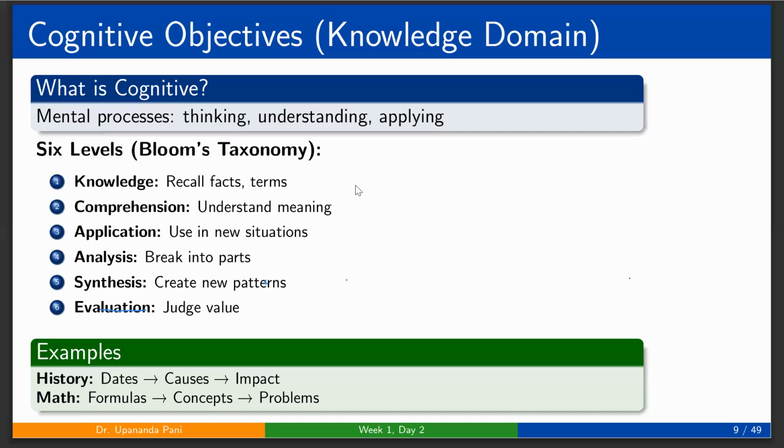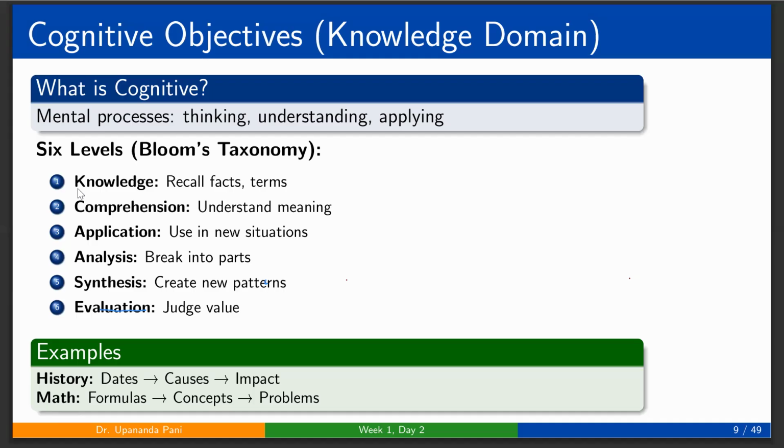And if we follow Bloom's taxonomy, there are 6 levels of this process. First of all, it starts with knowledge, when we ask the students to recall facts and terms. Then comprehension, to understand the meaning; application, to use in new situations; analysis, to break into parts; synthesis; and evaluation.